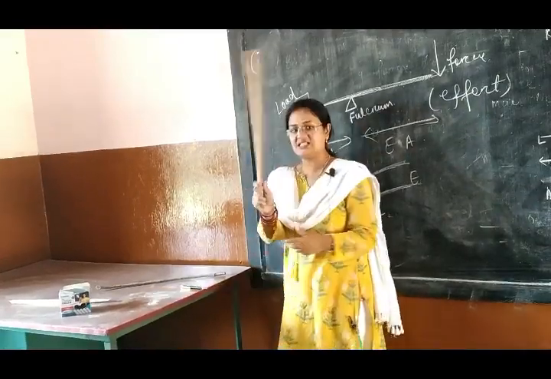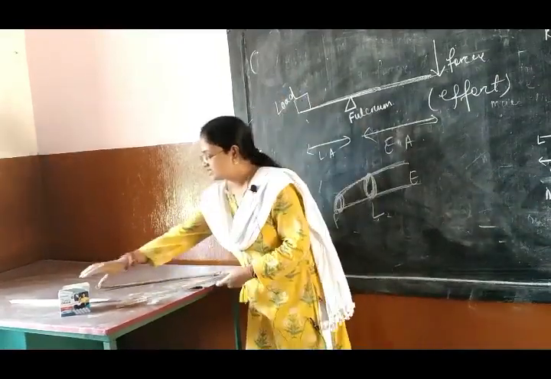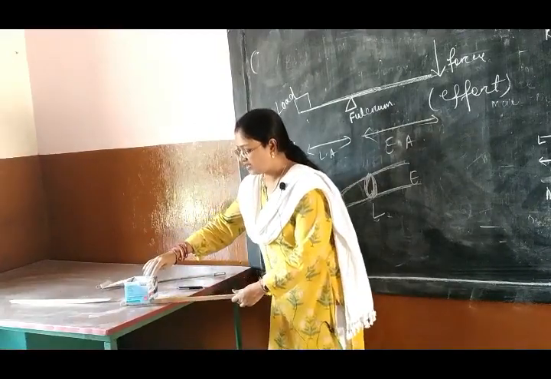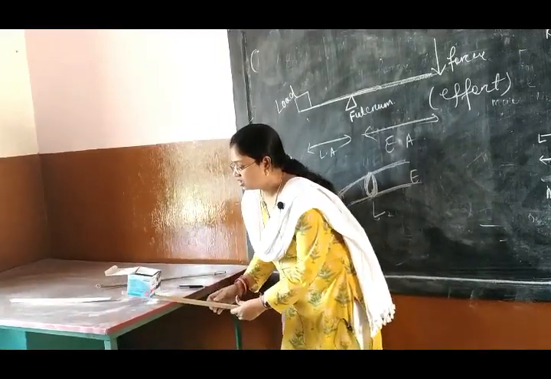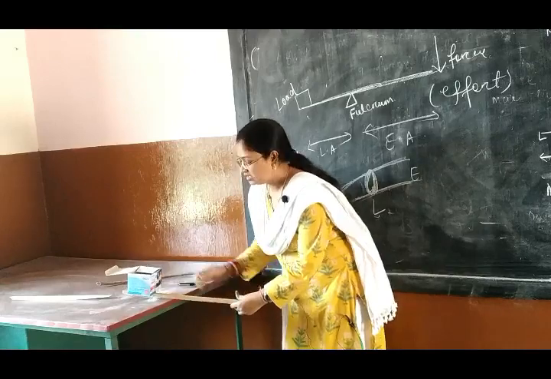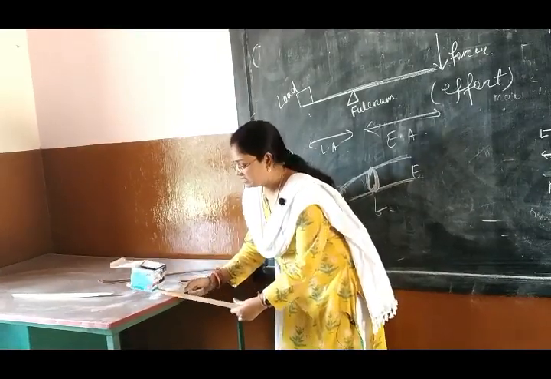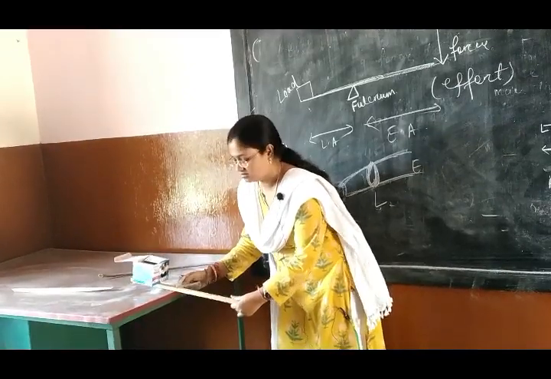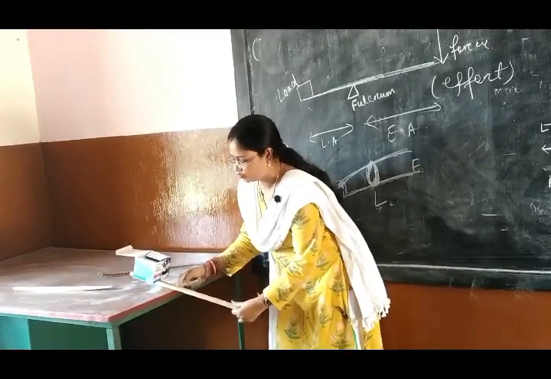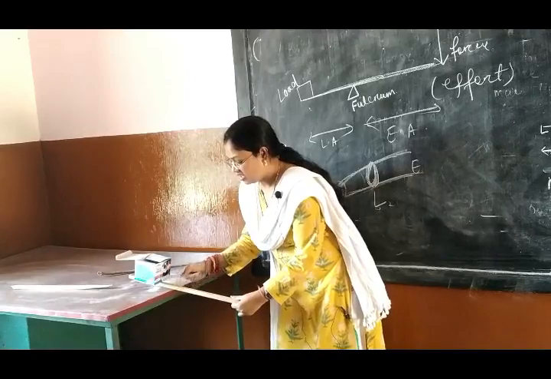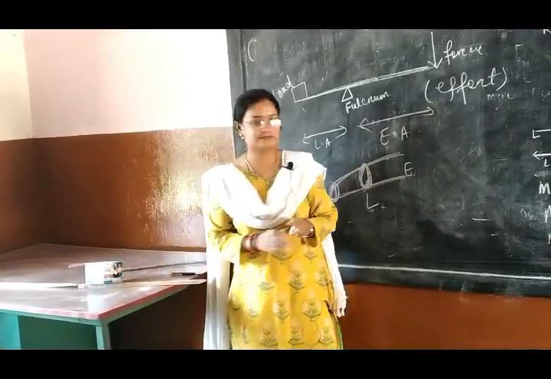So this is your lever. Suppose this chalk box is your load, I want to lift this load. So this is your load point, and about this point this stick rotates. So this is your axis of rotation, point of rotation. This point of rotation is your fulcrum.